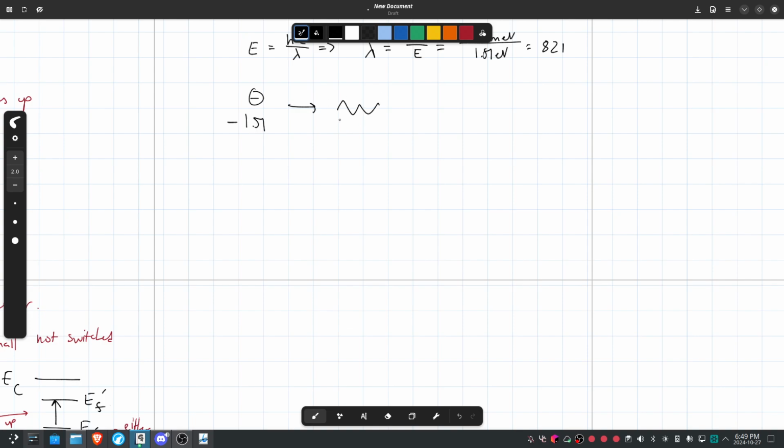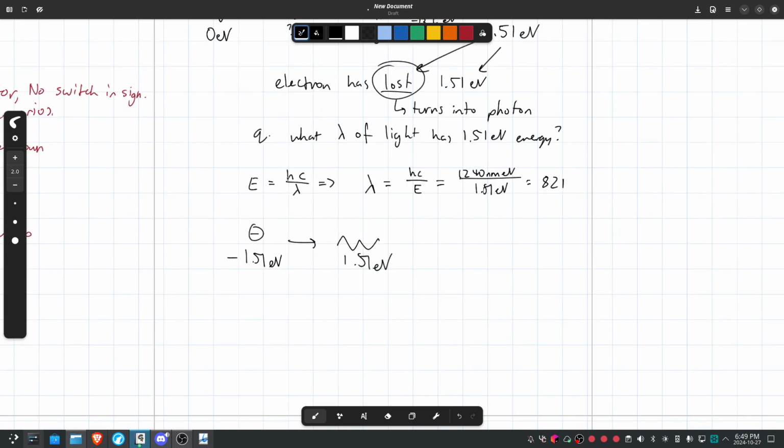And so the photon must have 1.51 electron volts of energy. Right? This is conservation of energy. For me to lose some money, I must have given someone that money, you know?